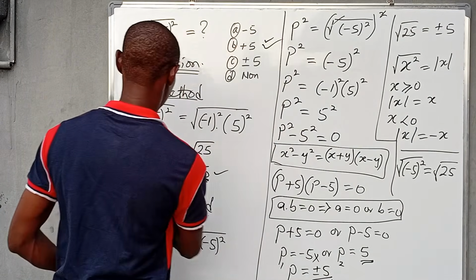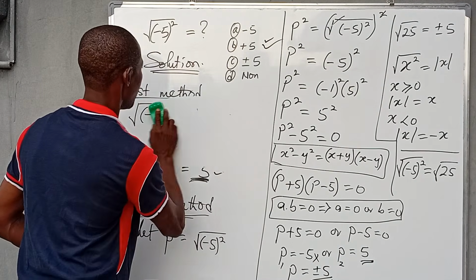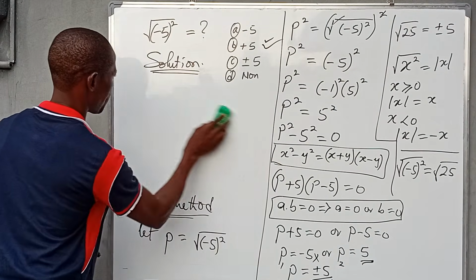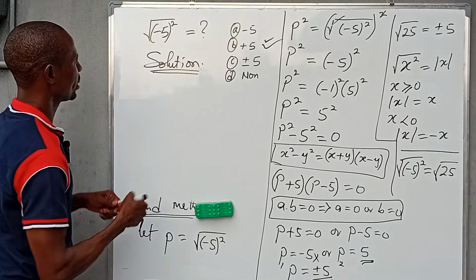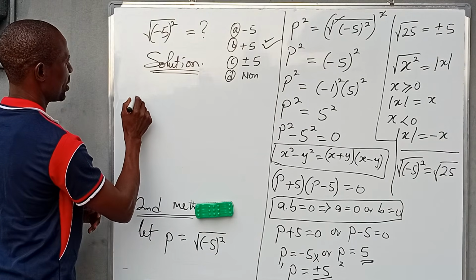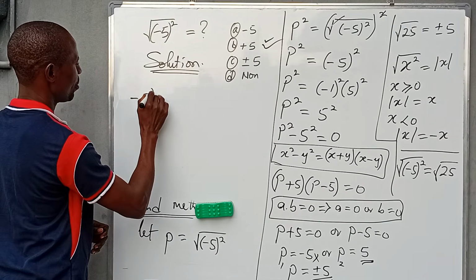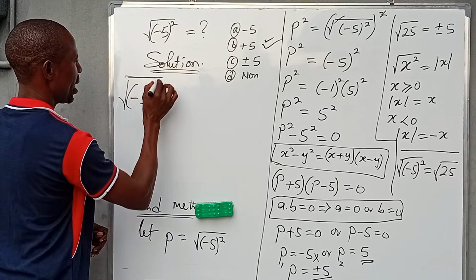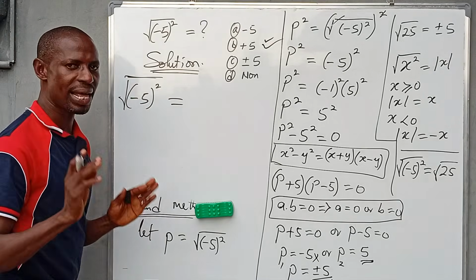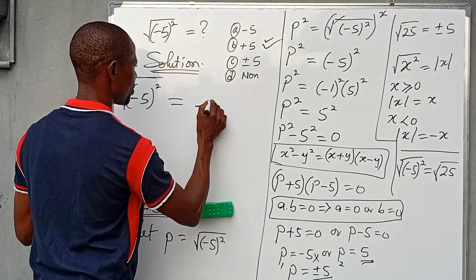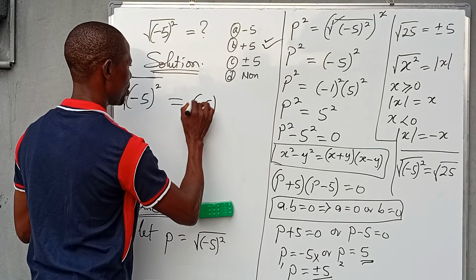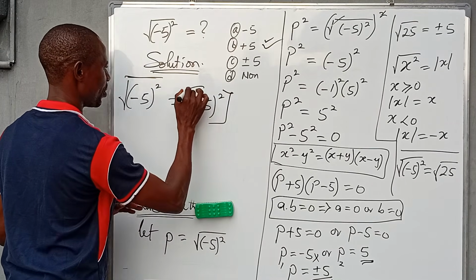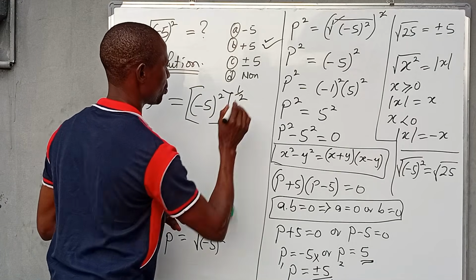But again, I want to bring another contradiction here. Look at this expression. We can rewrite the square root of minus 5 all raised to the power of 2 in this format: minus 5, all raised to the power of 2, then all further raised to the power of 1 over 2.